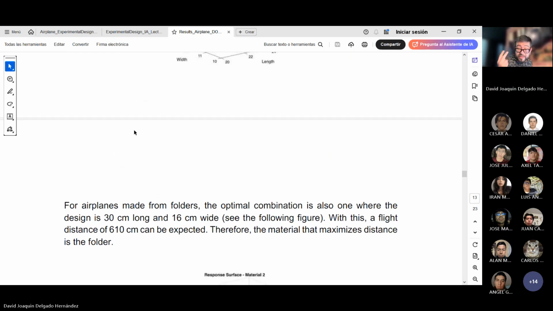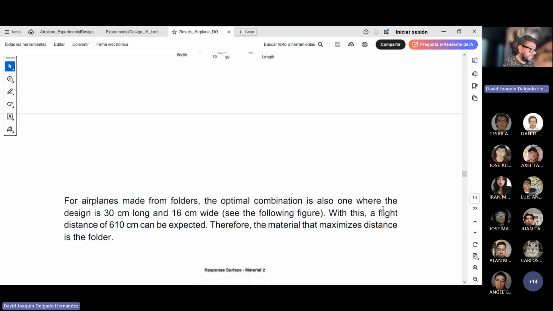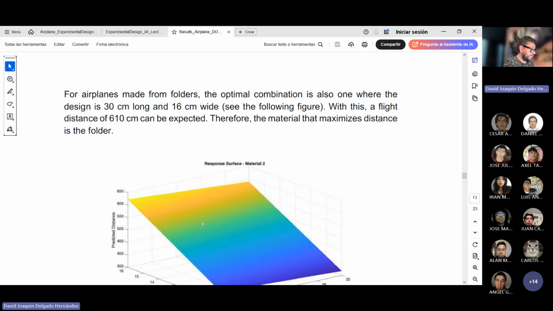What about material 2? For airplanes made from folders, the optimal combination is one where the design is 30 centimeters long and 16 centimeters wide. See the following figure. With this, a flight distance of 610 centimeters can be expected. Therefore, the material that maximizes the distance is the folder.